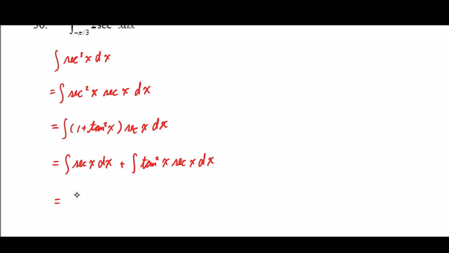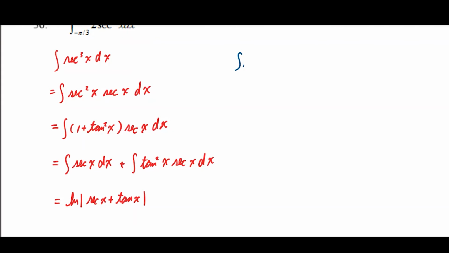This one is ln of secant x plus tangent x. Not that we memorized it, but we just evaluated it in our head, right? That thingy. Now, this is like a side and then another side, right? Subside. Okay, change the color and then we'll do that part.